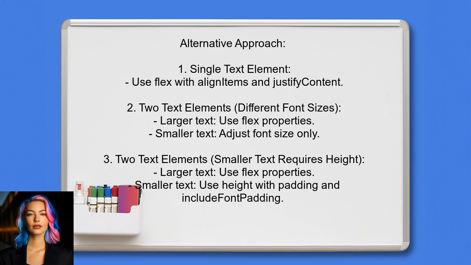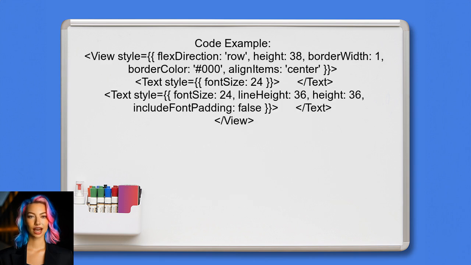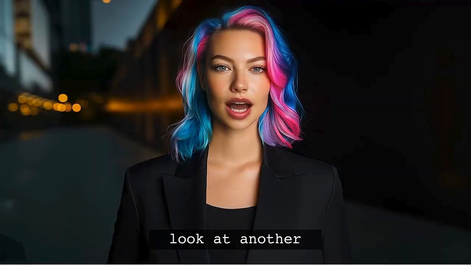If you have two text elements with different font sizes, the larger text can be aligned using the same flex method, while the smaller text may require adjustments to its font size without using height attributes. In cases where the smaller text must use height, you can apply padding and include font padding to achieve proper alignment.